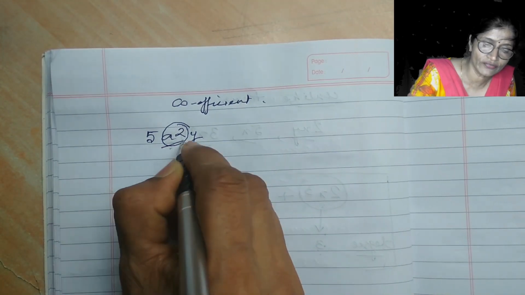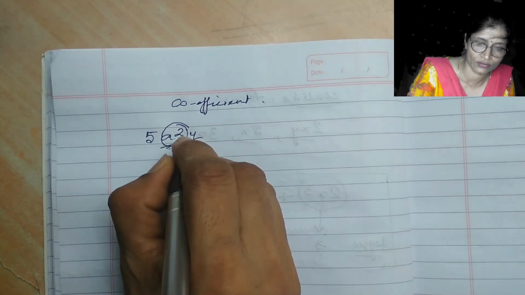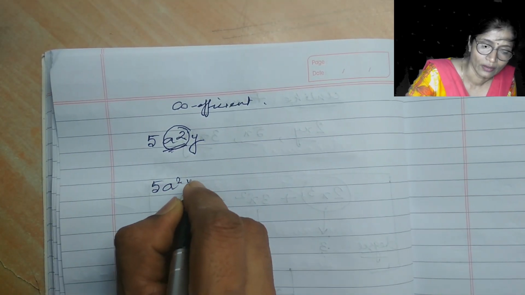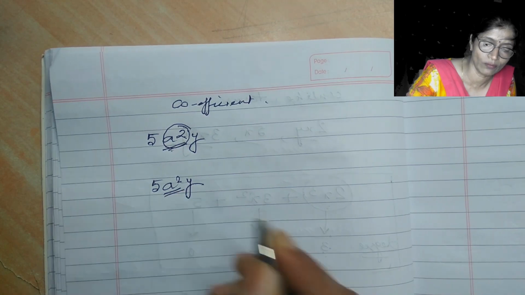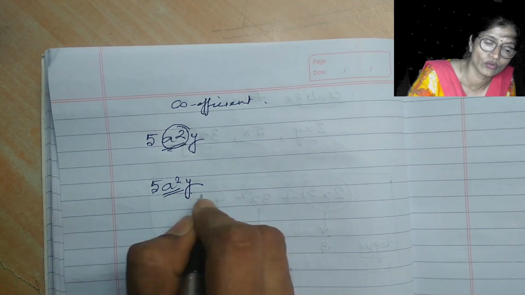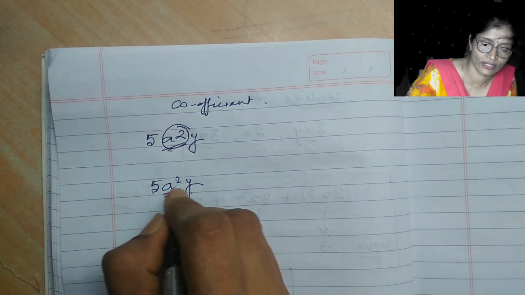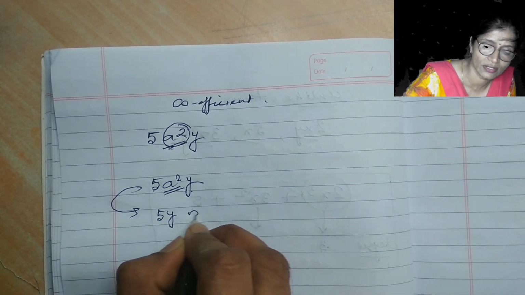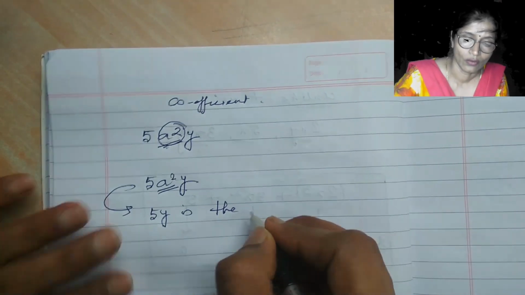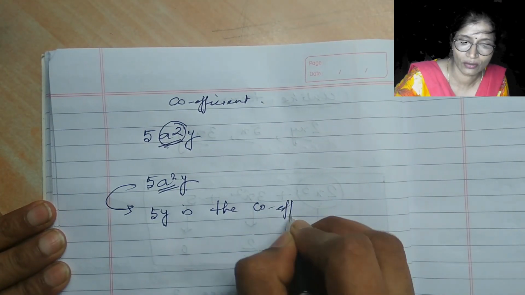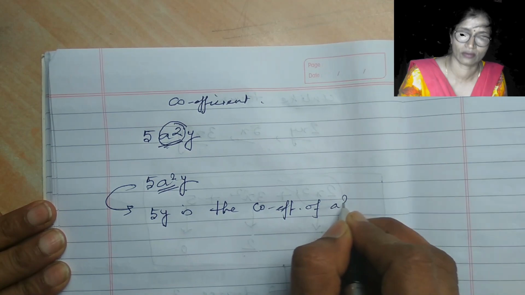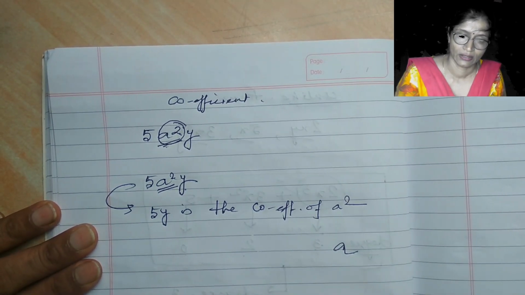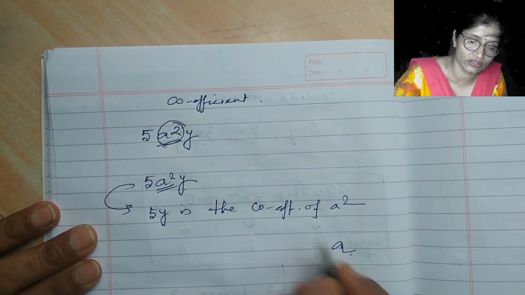So what is the coefficient of a square? After leaving a square from 5a square y, whatever the rest is, that is the coefficient for that a square. So here 5y is the coefficient of a square. But suppose I want to find the coefficient of only a. Then here 1a is there, because a square is what?